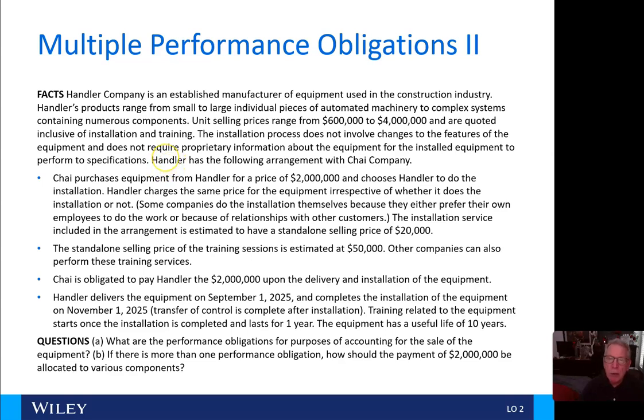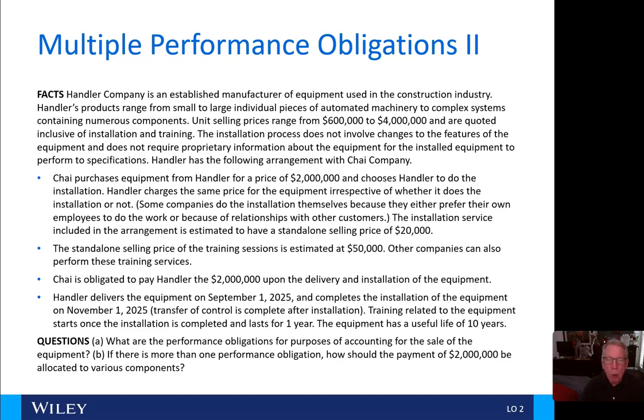Unit selling prices range from $600,000 to $4 million and are quoted inclusive of installation and training. The installation process does not involve changes to the features of the equipment and does not require proprietary information about the equipment for the installed equipment to perform to specifications.